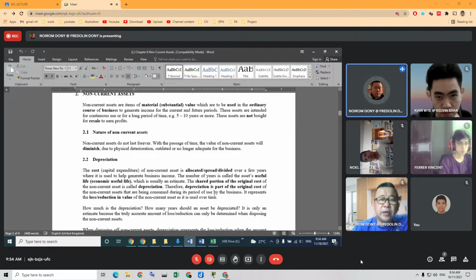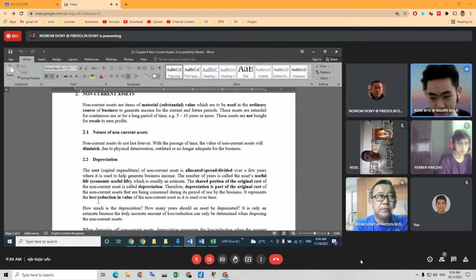Meaning it represents the loss, the reduction in value, because the nature of this non-current asset doesn't last forever, isn't it? Also, like last year the machine produced more, this year it produces a little bit less than last year.